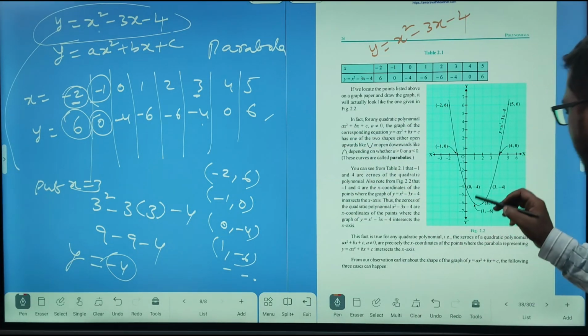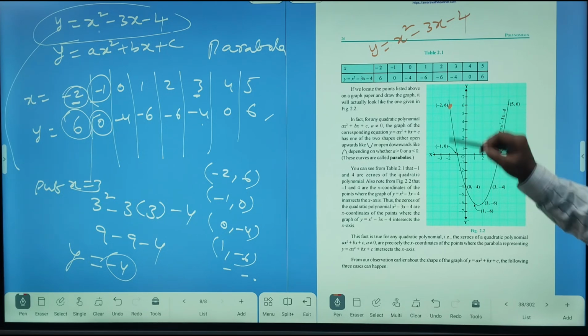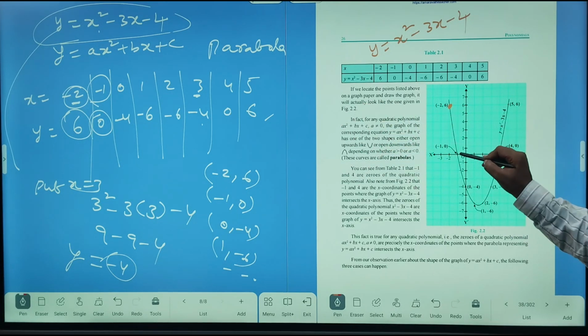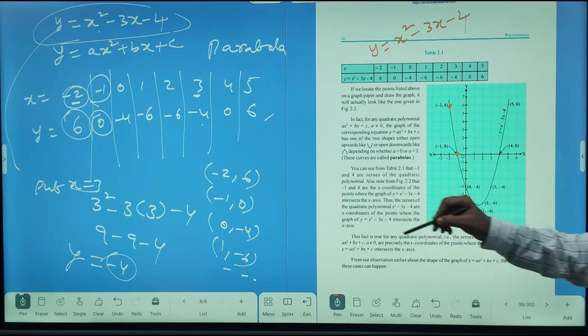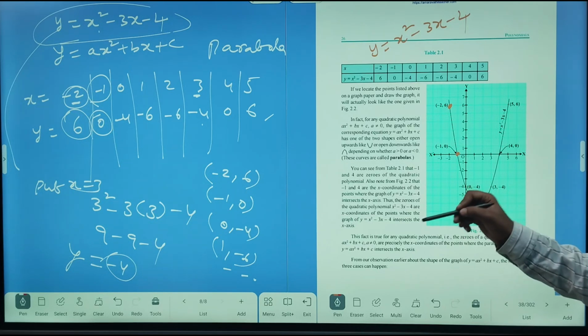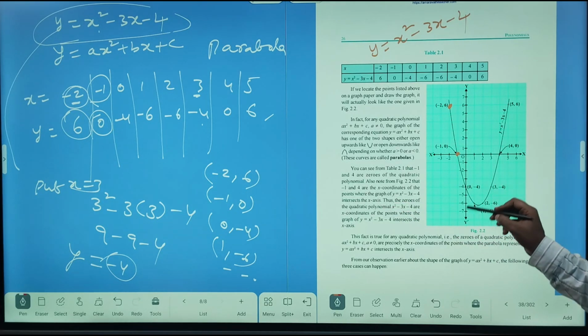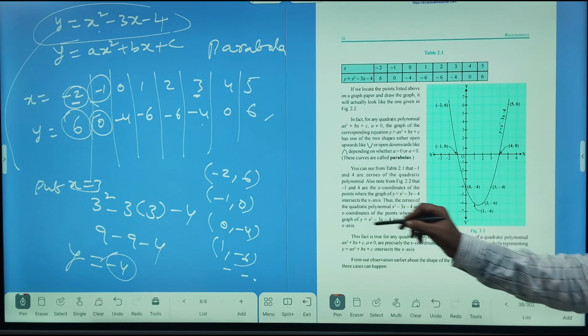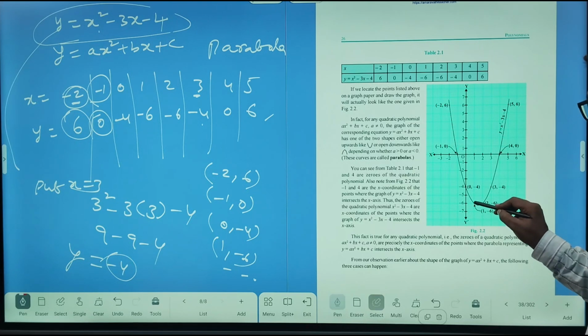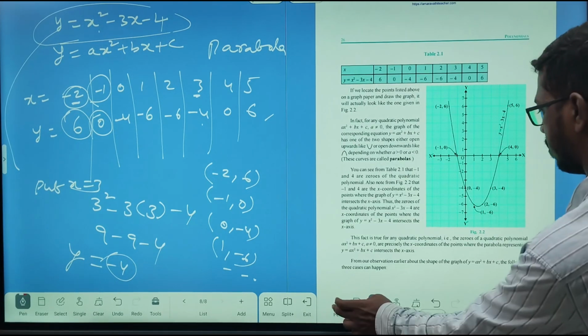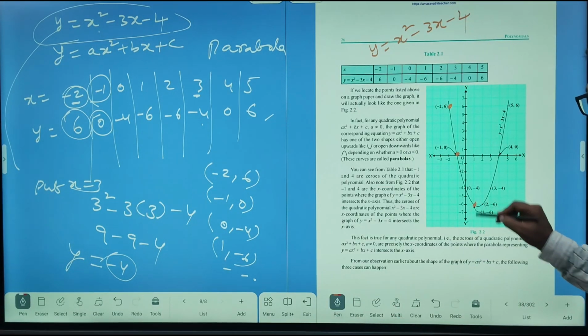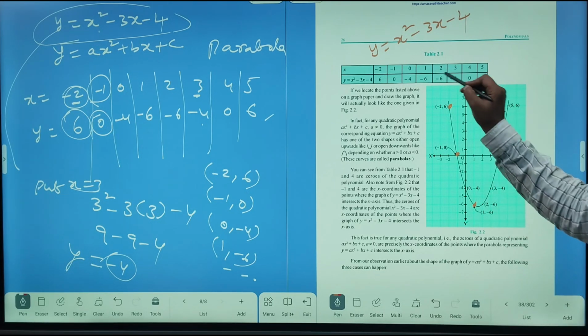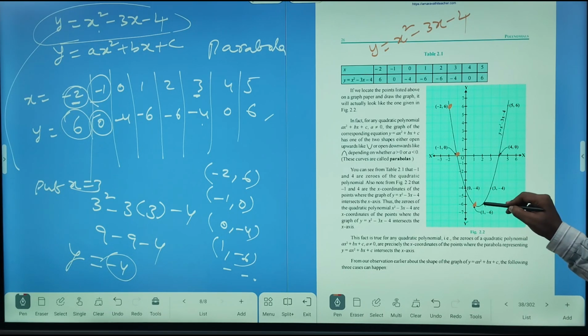Suppose minus 2 comma 6, here I represented. Next minus 1 comma 0 I represented here. Next 0 comma minus 4 I represented here. Next 1 comma minus 6 I represented here. Next 2 comma minus 6 I represented here.